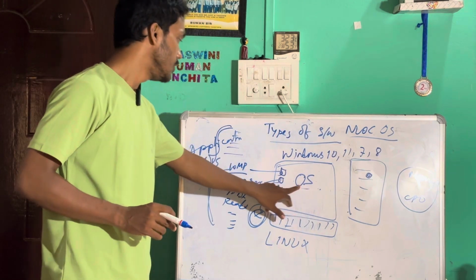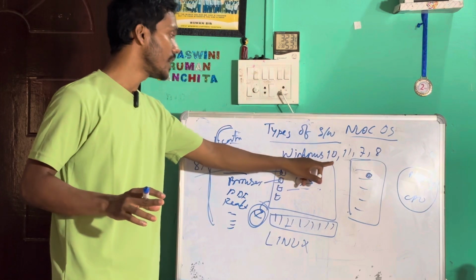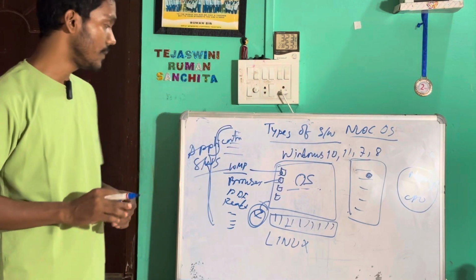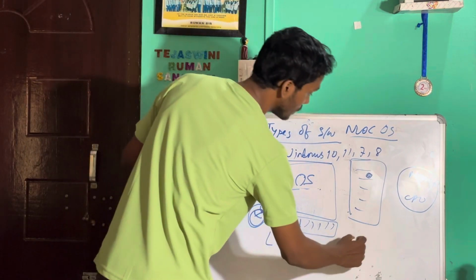So it's a huge software, and we already know the names Windows 10, 11, Windows 7, Linux, Macintosh in the PC. These are the softwares in the PC.